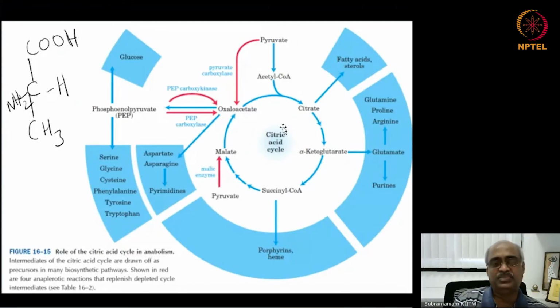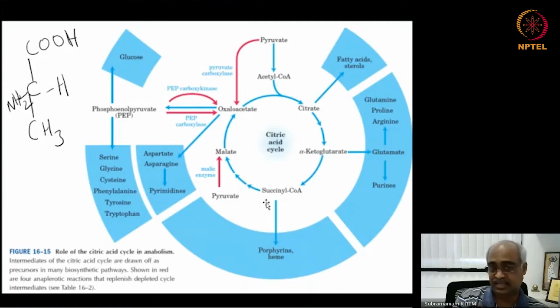And citrate goes into fatty acids and sterol biosynthesis. Alpha-ketoglutarate, another transamination like oxaloacetate forming aspartate, this transamination forms glutamate, and glutamate is precursor for purines, adenine and guanine. And from glutamate you make these amino acids as well.